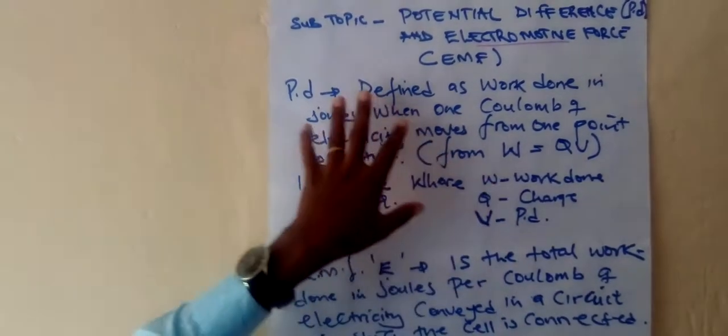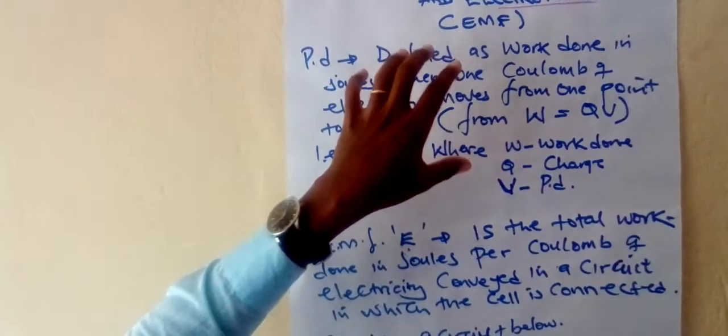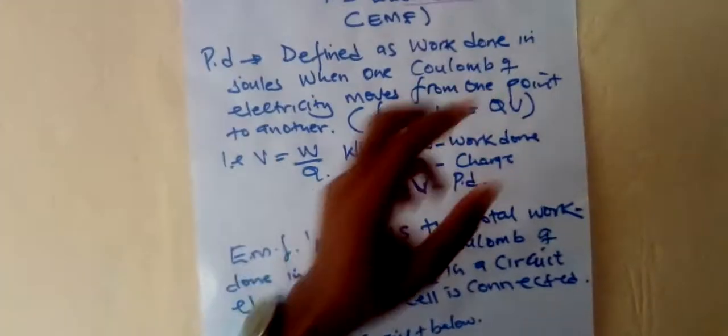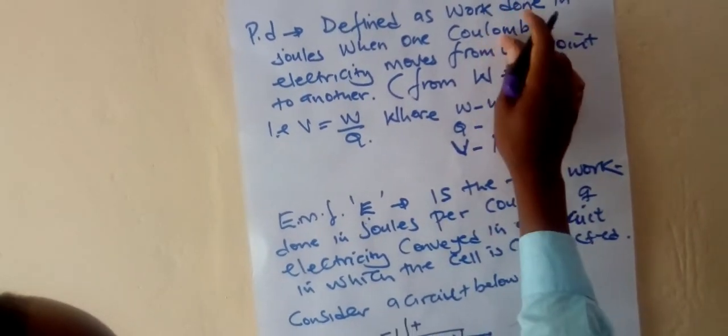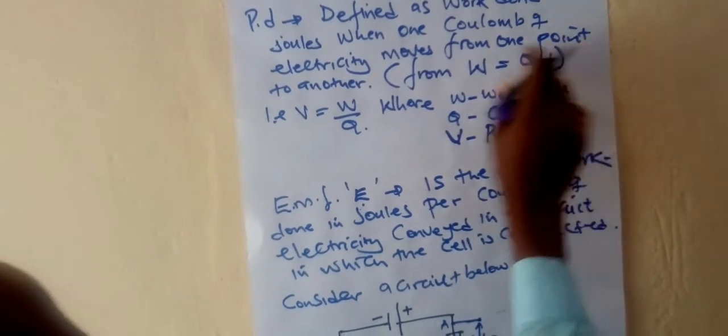Now, what is the potential difference? Here we are looking at the work done in joules when one coulomb, remember we looked at a charge, one coulomb of electricity moves from one point to another.